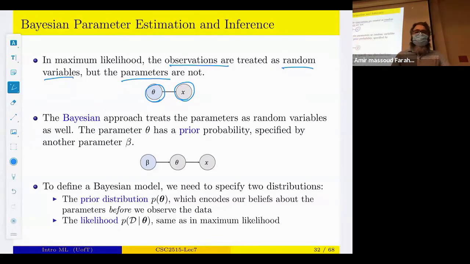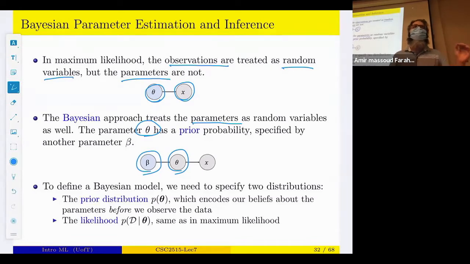The Bayesian approach, however, assumes that the parameters themselves are random variables, which means that we can have a prior distribution over those random variables as well. So what does it mean? Theta, which is the parameter of, say, a coin, has a distribution, and that distribution is specified by another parameter, beta.